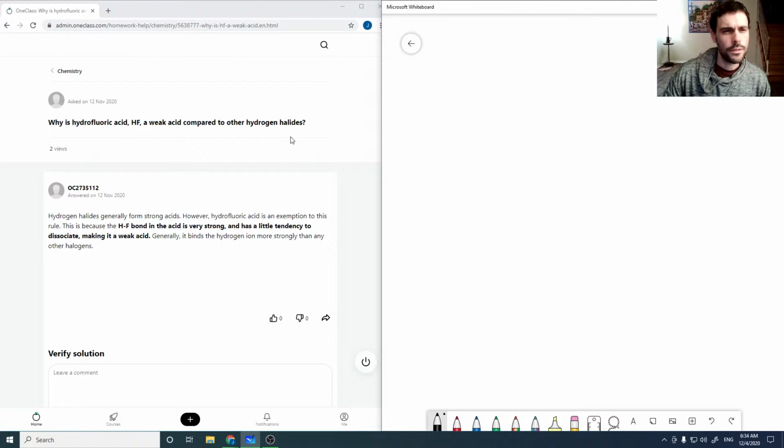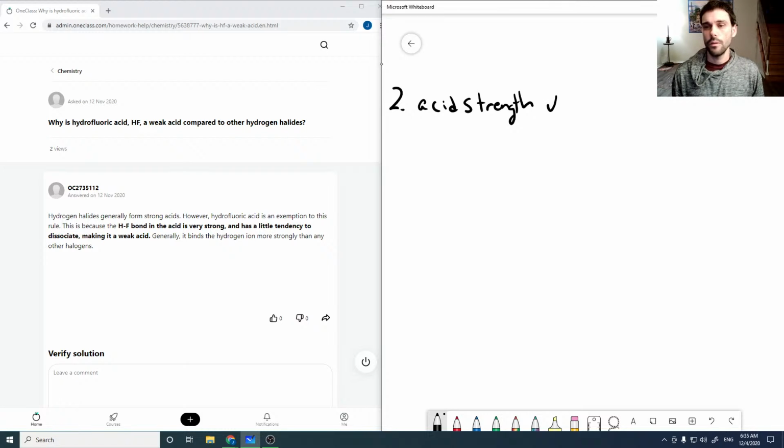Why is hydrofluoric acid a weak acid compared to other hydrogen halides? So this just brings up one important point, which is that your acid strength is inversely proportional to your bond strength.